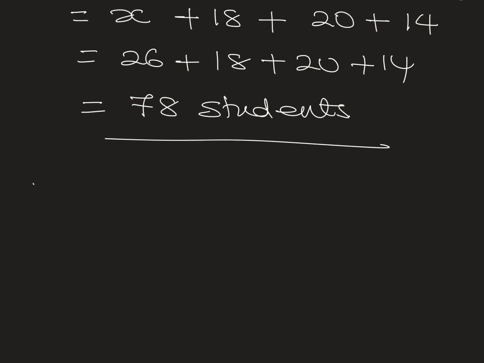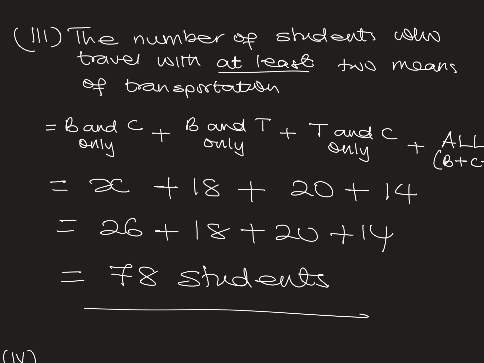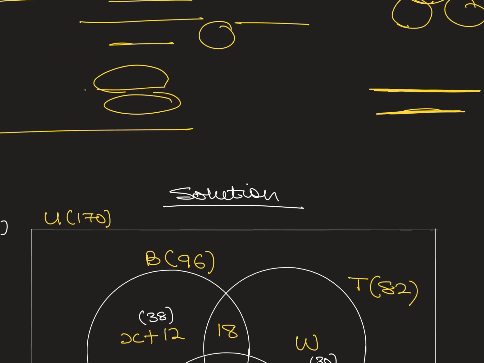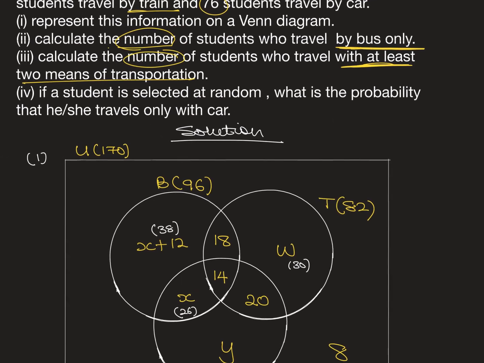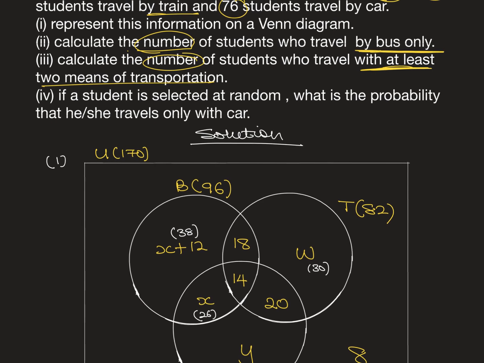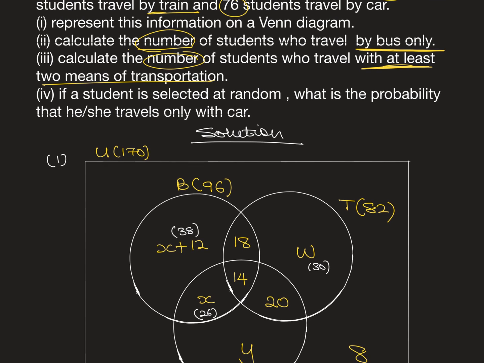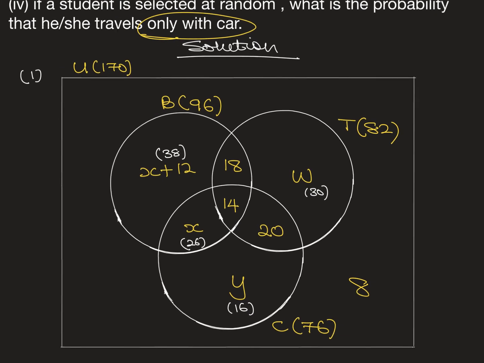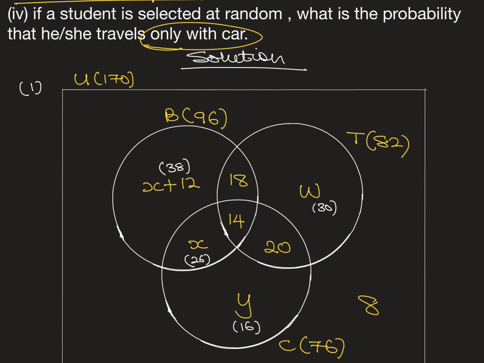Okay, so moving on to question 4. It says, if a student is selected at random, what is the probability that he or she travels only with car? So the person has to travel only with car. So what is the meaning of that? That implies that the individual's means of transportation is just car.